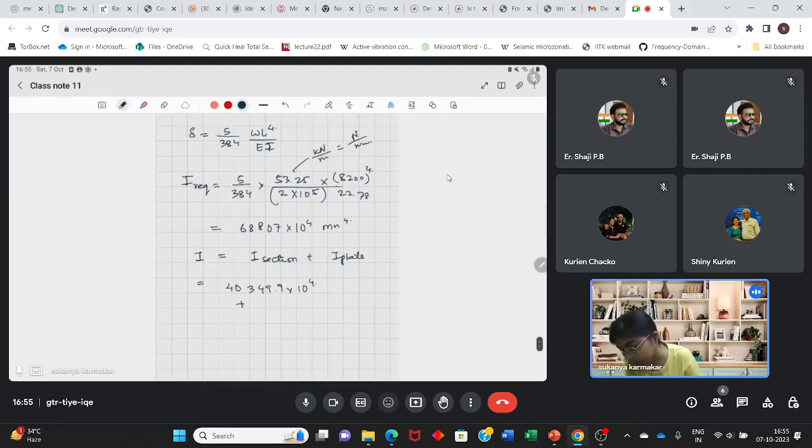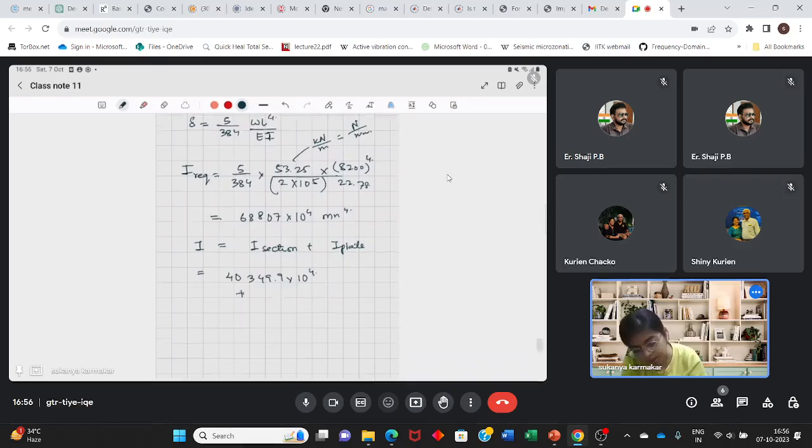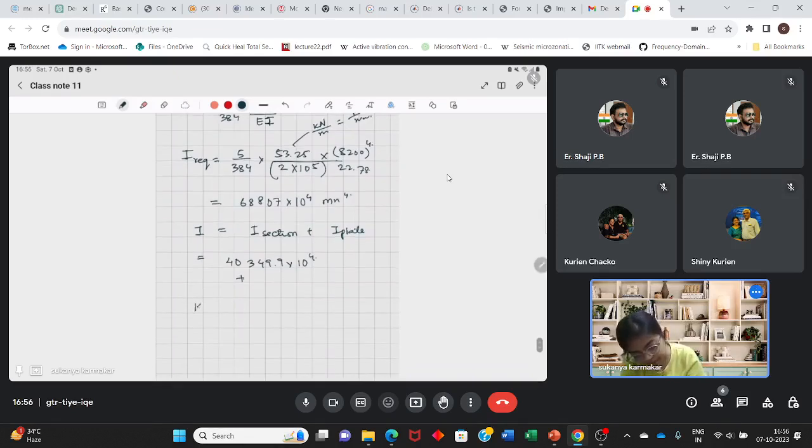And for the plate, I will first take it about its own centroidal axis, and then we will use the parallel axis theorem. About its own axis, the term coming up will be 14 cubed into 200 by 12. In comparison to other numbers, this will be really small, so we are ignoring this term.